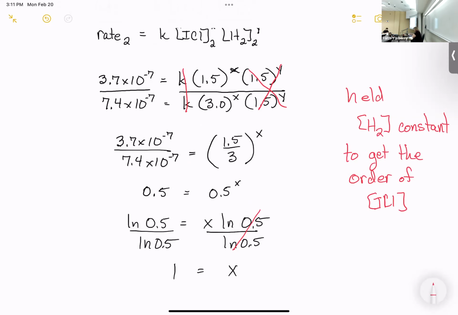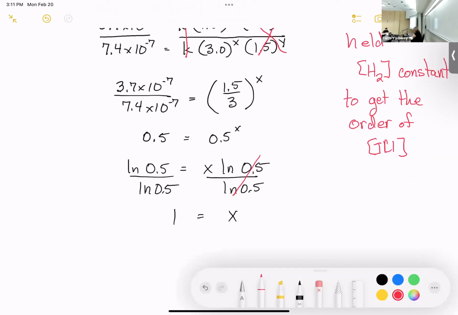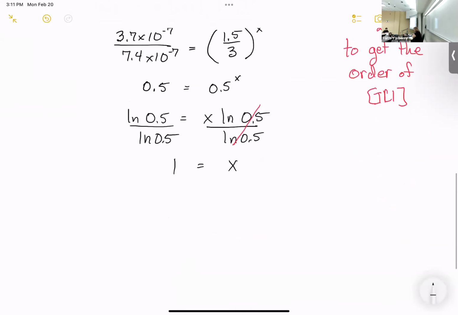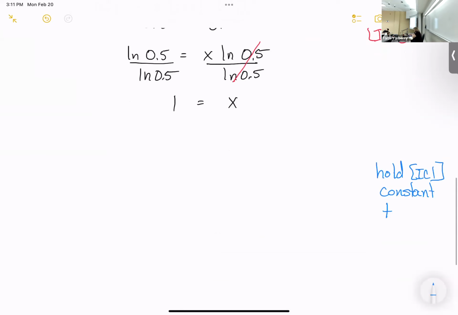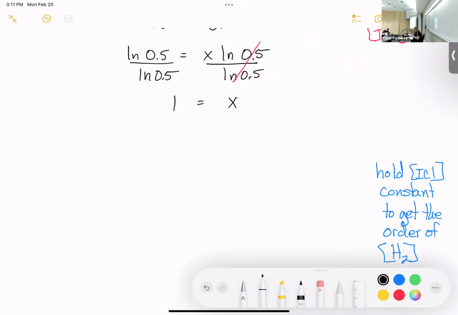Now to do the other one, in our next one we need to hold the ICl constant to get the order of H2. So we would be looking at experiment 2 and 3.